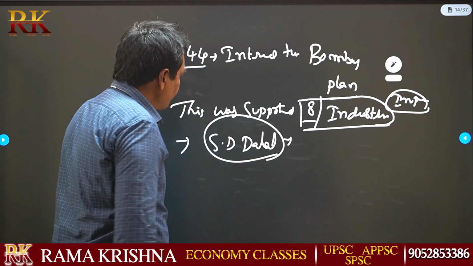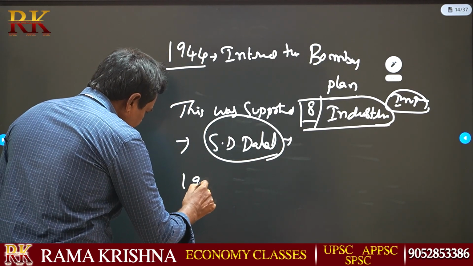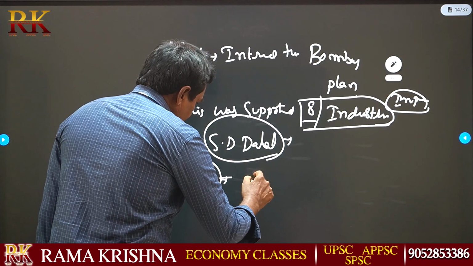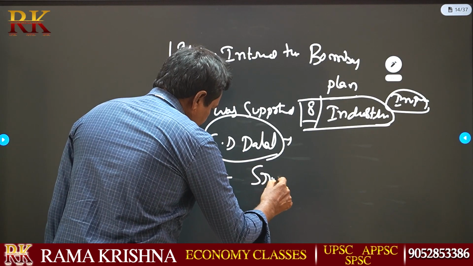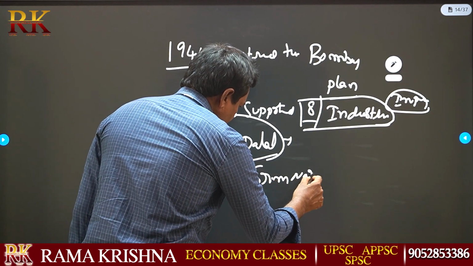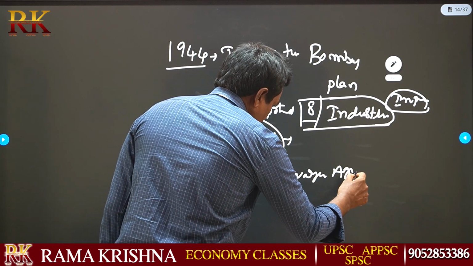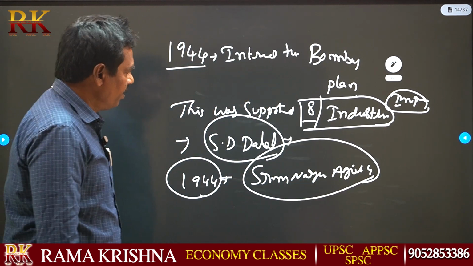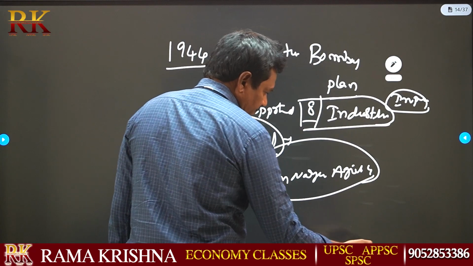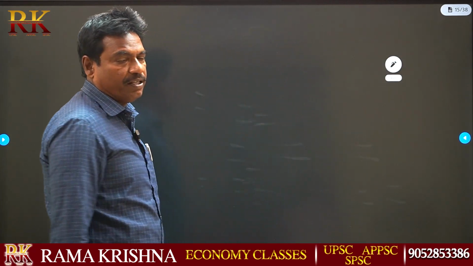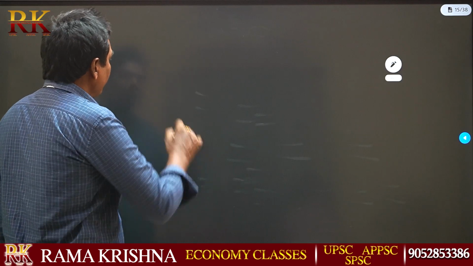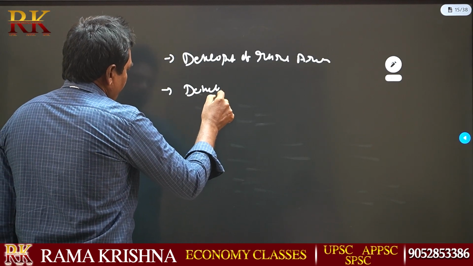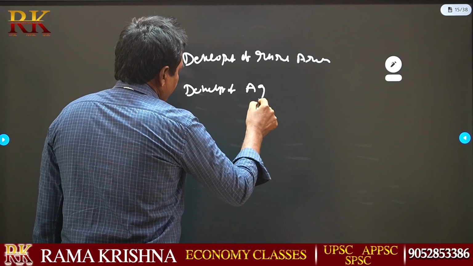Then, in 1944, again, Shriman Narayan Agarwal introduced a plan. What is the importance of this plan? Development of rural areas and development of agriculture.